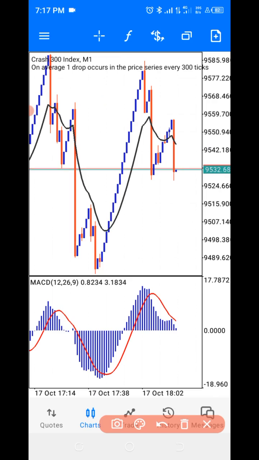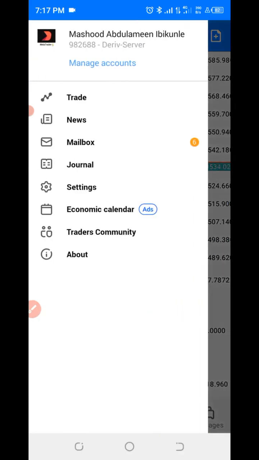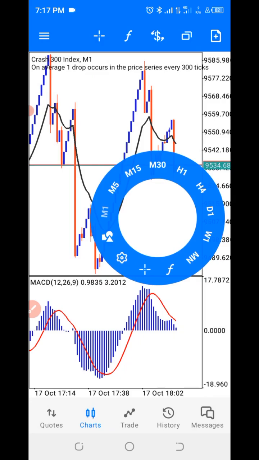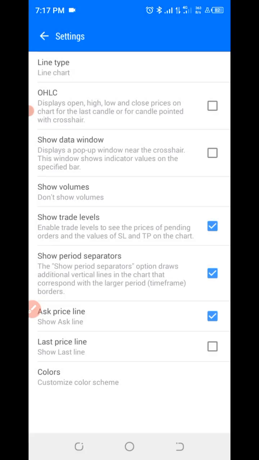Now if you are confused and you don't know what the actual W looks like, you can switch your chart to line chart. We'll go to settings, and we can switch it to line chart.